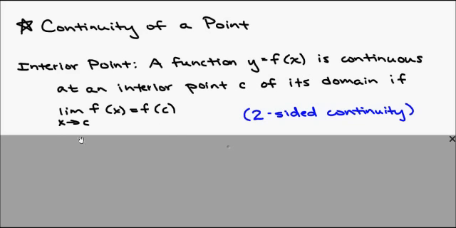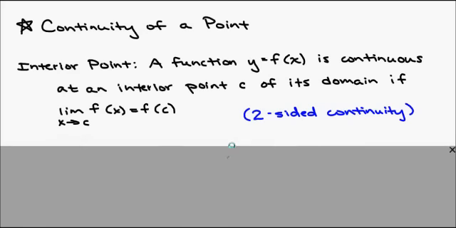So this is what we just went over. If the limit at a point is equal to the function when you evaluate it at that point, then the function is continuous at that point.